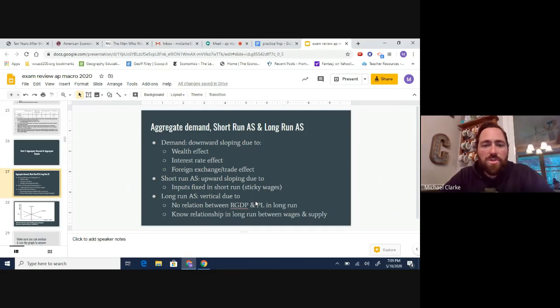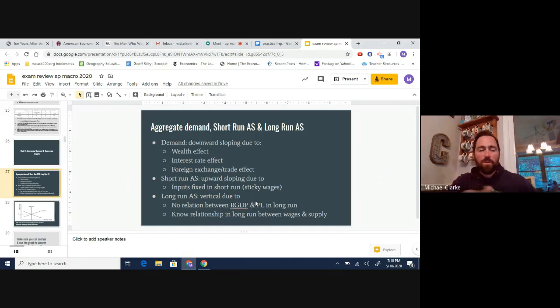And then a foreign exchange or trade effect, and that connects back to the wealth effect. When prices are lower in this country, think about it, foreigners have more incentive to buy our goods and services. So for simplicity's sake, if you wanted to compare United States prices to the prices of, say, Germany, let's say the inflation rate in Germany is 4 to 5%, but the inflation rate here in the United States is only 1%.